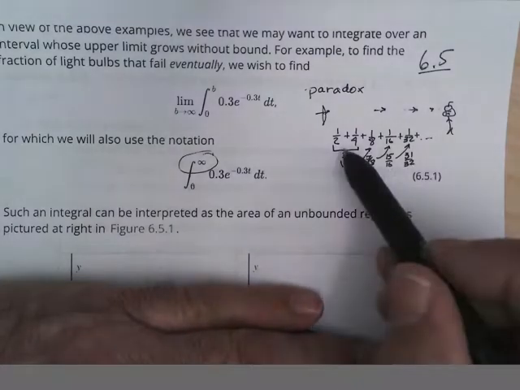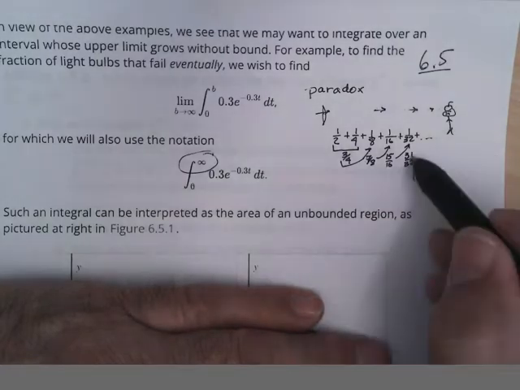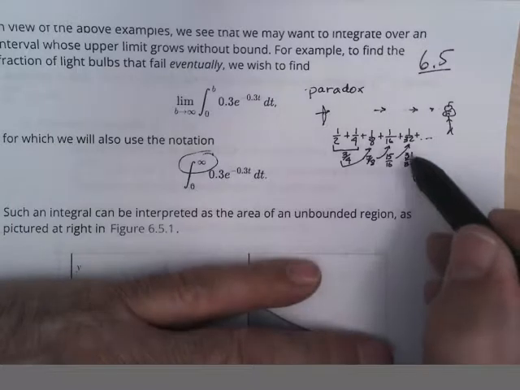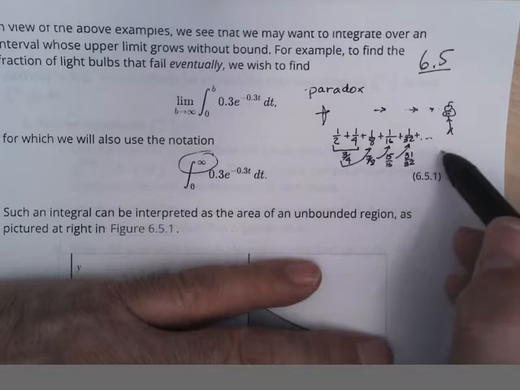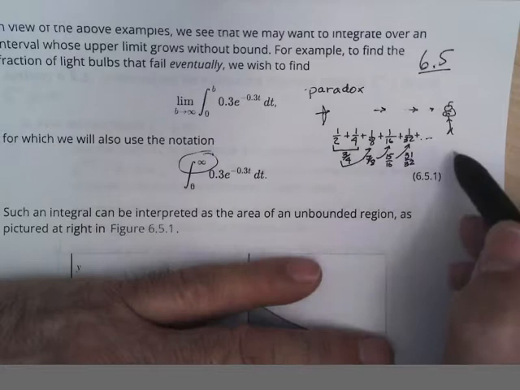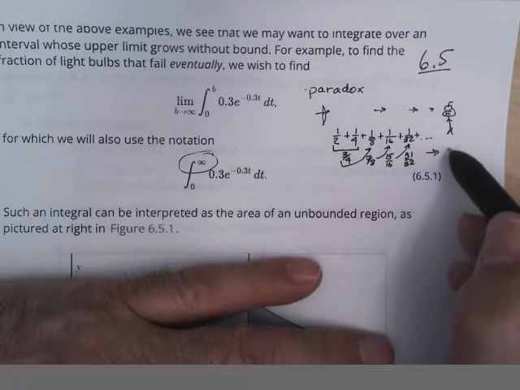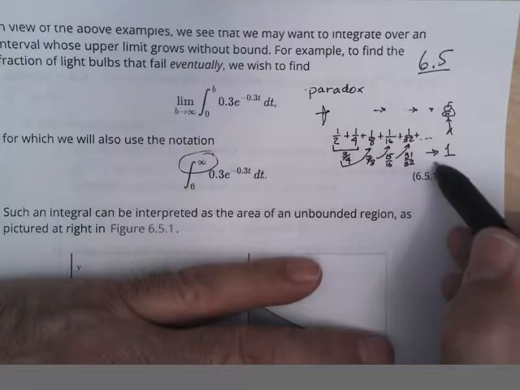And so if we kept adding here, we would never get the numerator to equal the denominator, which would be 1, but it's going to get infinitely close to that. So it's going to be 1 billion minus 1 over 1 billion, which is really close to being 1. In fact, this converges, it approaches 1.